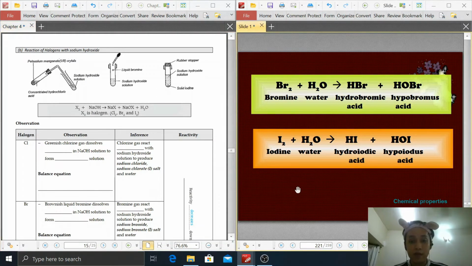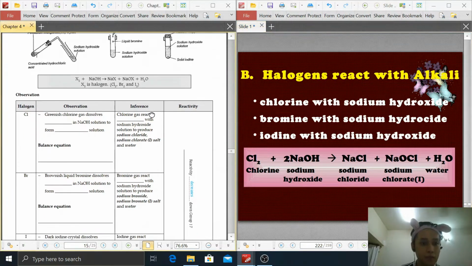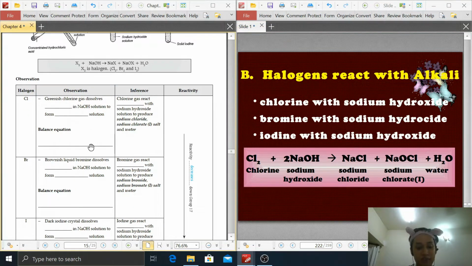Now the second is the reaction with alkali, sodium hydroxide or potassium hydroxide, it doesn't matter. This is the general equation. You're going to get the metal halide and also NaOCl, NaOBr, or NaOI, depending on which halogen is used. For the observation, for chlorine, reactivity decreases, so it's the same thing.